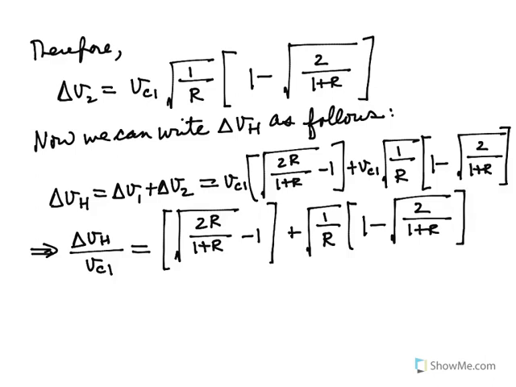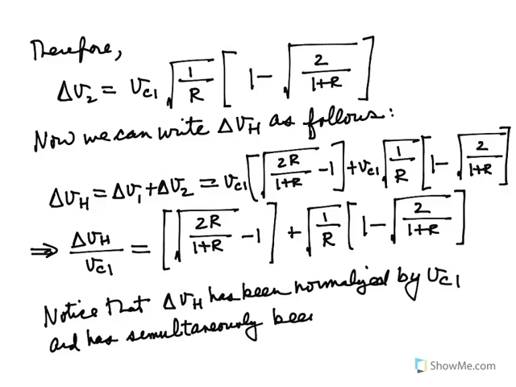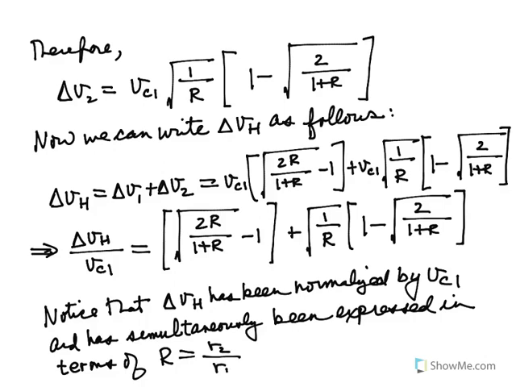And now you can see that what's happened here is that delta v Hohmann has been normalized by vc1 and has simultaneously been expressed in terms of r equals r2 over r1.